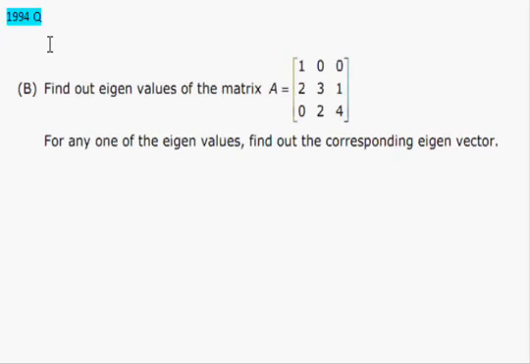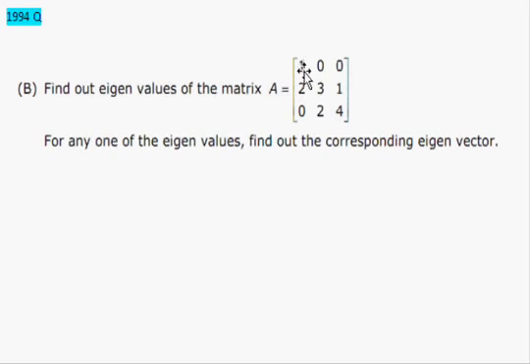This is another question asked in 1994. You are required to find the eigenvalues and eigenvectors: for any one eigenvalue, find the corresponding eigenvector. This is a 3 by 3 matrix, so there will be a maximum of three lambdas, lambda 1, lambda 2, lambda 3, and for each lambda you get one eigenvector.